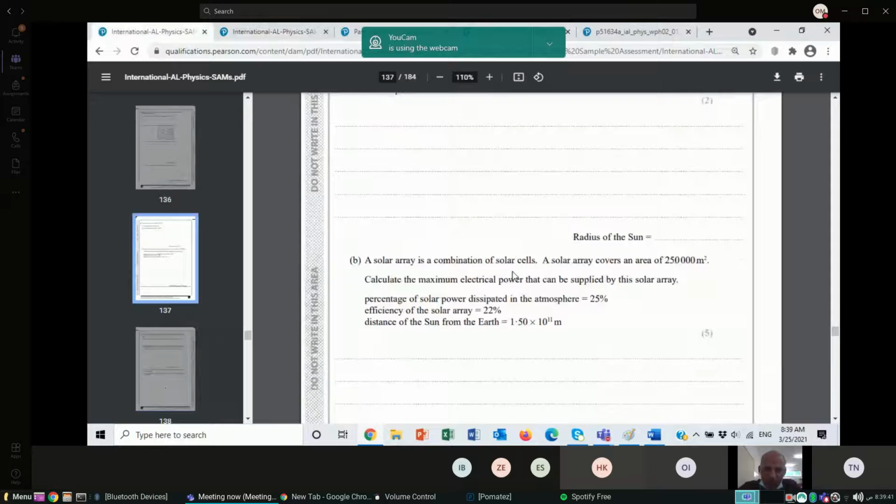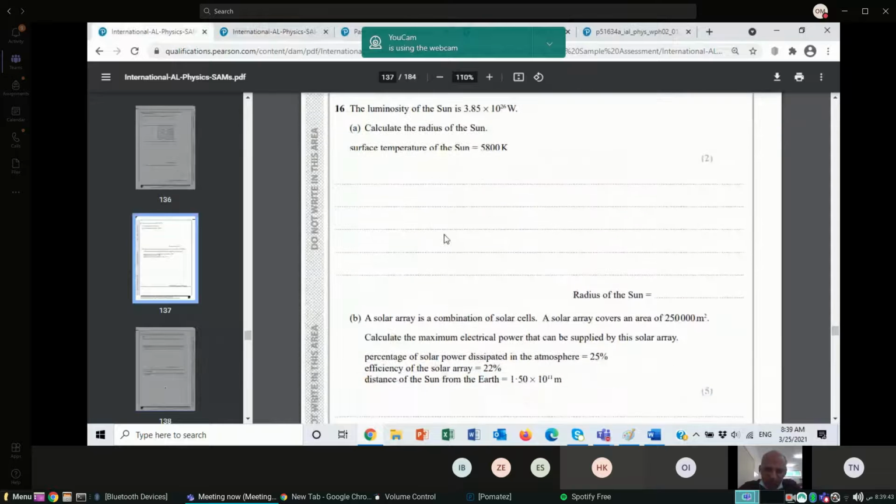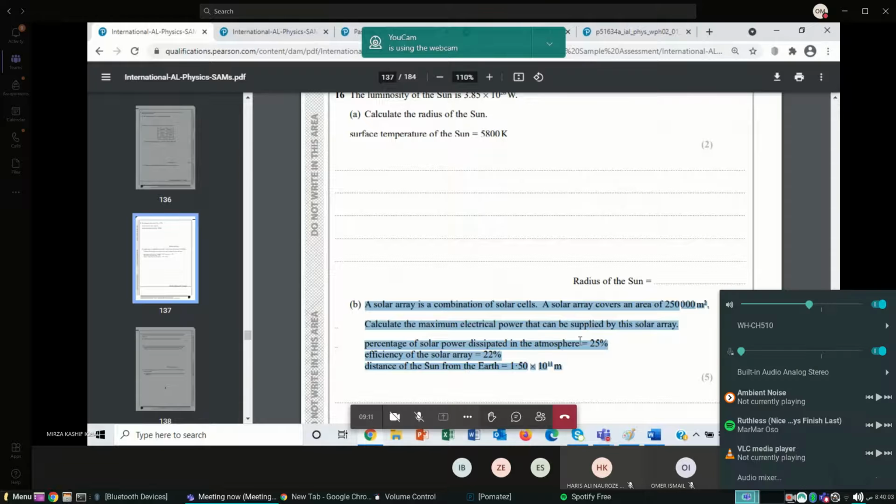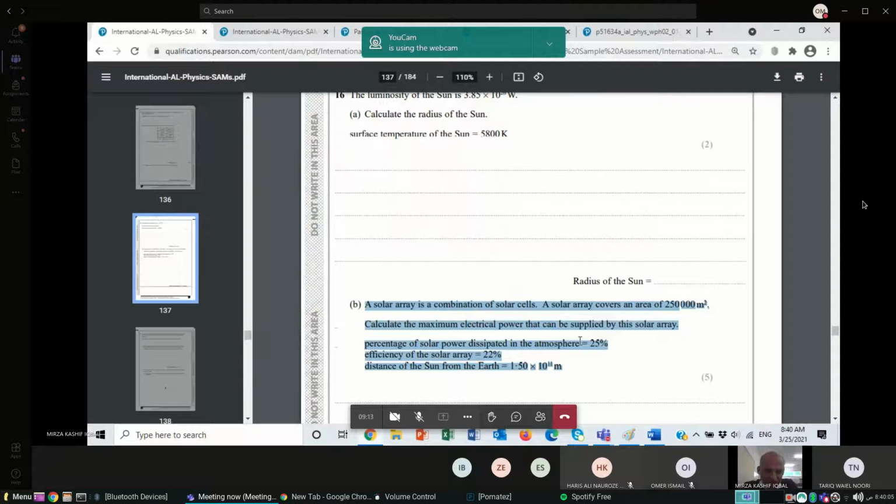But whenever there's a question about luminosity, there would be a related question about the intensity of the waves, intensity of the sun. The problem here is that in this question, they did not mention the word intensity. Did they mention the word intensity here? No. Did they mention the word radiation flux here? No. How do we come to know which formula to go for?